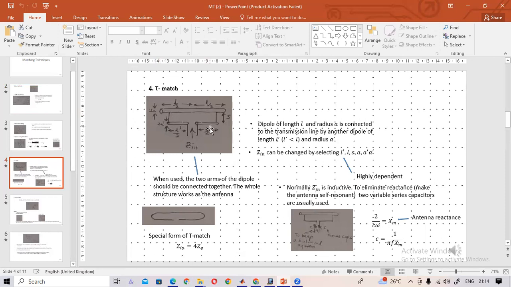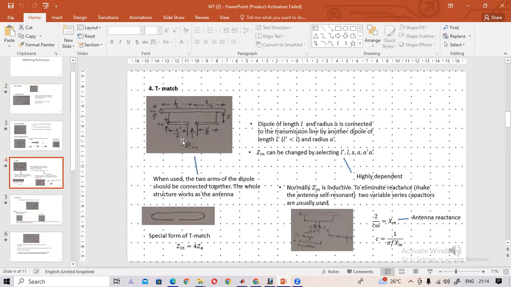We are using this kind of structure. Here we use one copper cable with a diameter less than the antenna diameter. That diameter is A dash, and A dash is less than A. The length also is less than the antenna length. You select this kind of one and you short this end and this end. This complete structure is now the antenna.